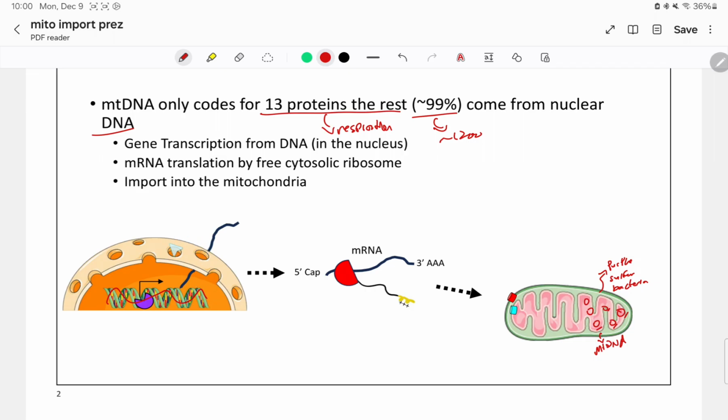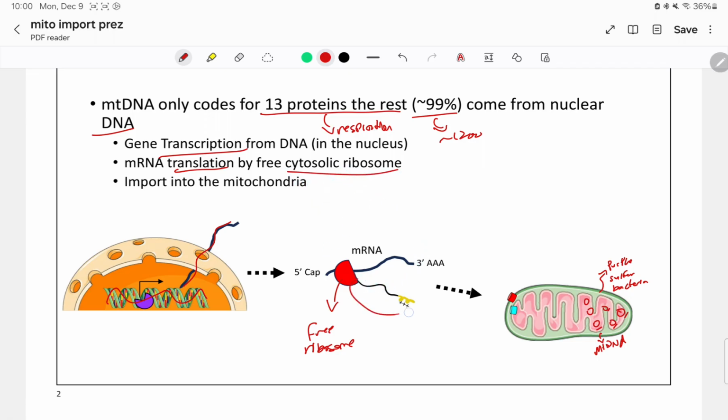That gene's going to get transcribed, and then it'll give you an mRNA molecule, which will be translated in the cytosol. In this specific pathway, it'll be a free cytosolic ribosome, rather than the ribosomes that are attached to the endoplasmic reticulum.